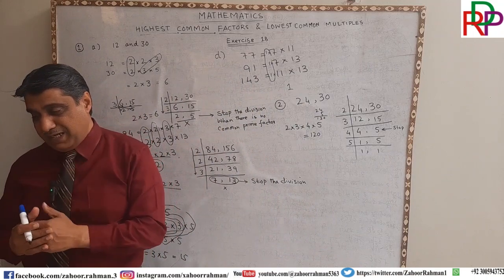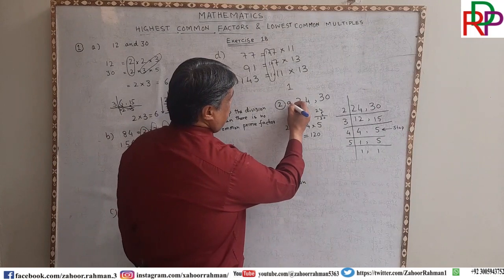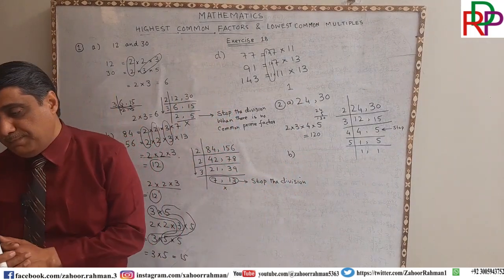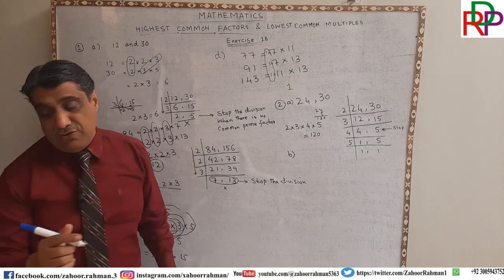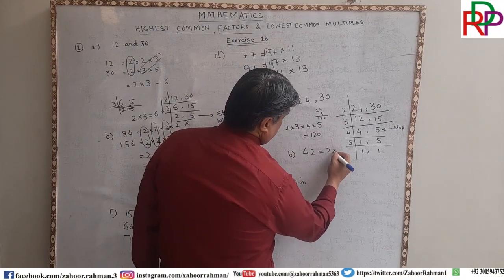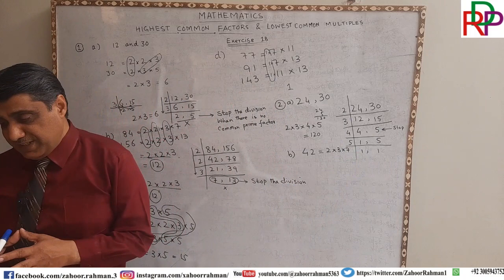This was the A part. Now we are taking the B part, and the B part is saying 42. 2 into 3 into 7 are the factors.